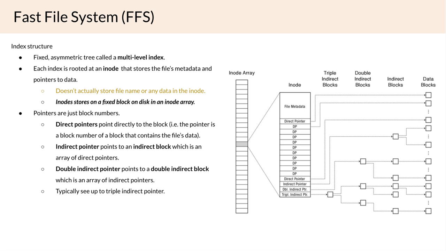Okay, so looking back at the bigger picture in FFS, from a file path we can determine that file's file number, or inumber, which indexes into the inode array, tells us the inode associated with that file, and from there we can easily access the file's data.